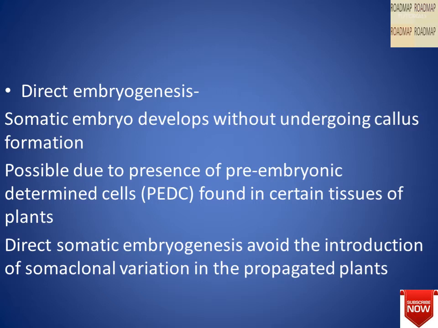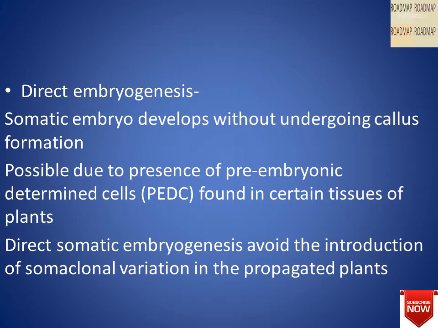So here in direct somatic embryogenesis, when a somatic embryo is formed, it develops directly on the excised plant, that is the explant, and it does not undergo callus formation. So direct somatic embryogenesis means that the somatic embryo is formed without undergoing callus formation.